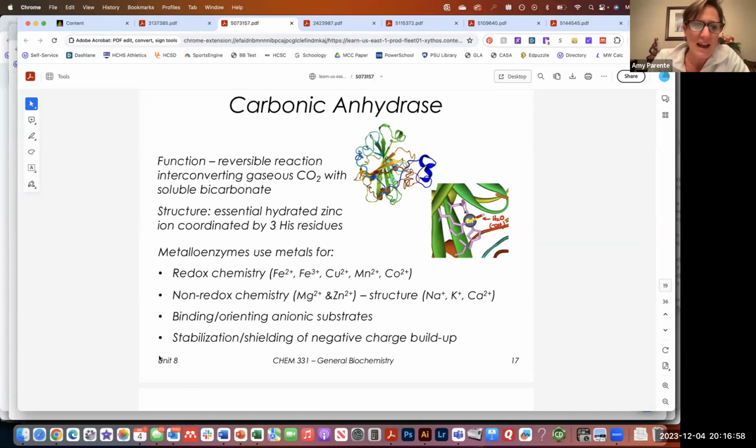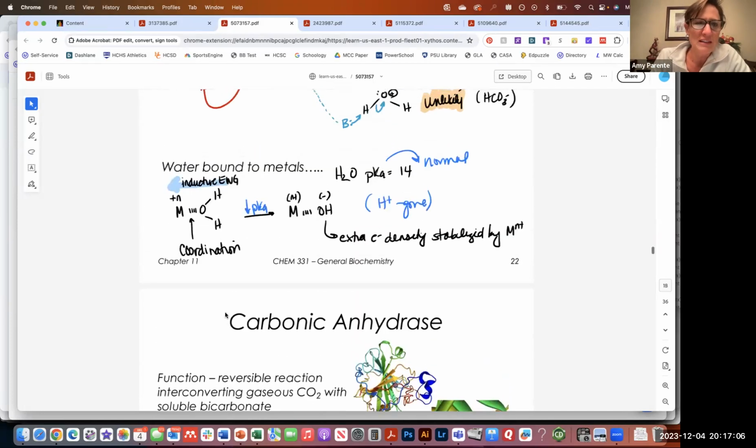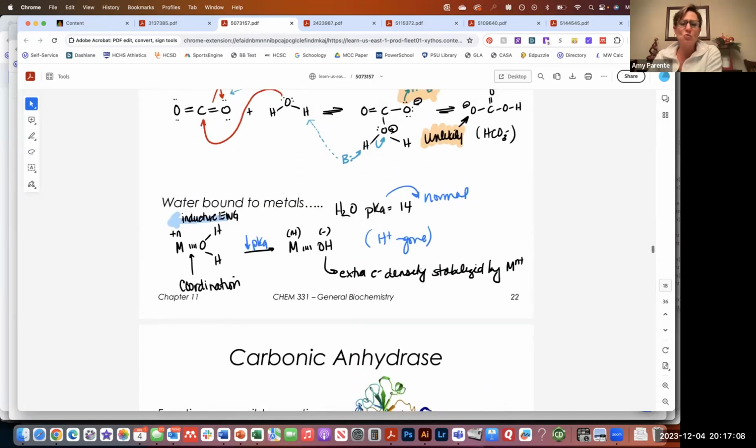So we can stabilize or shield negative charge buildup with those positive metal ions. We can bind and orient substrates. And importantly, this piece is key because we can affect the amount of hydroxide we have here without affecting pH.